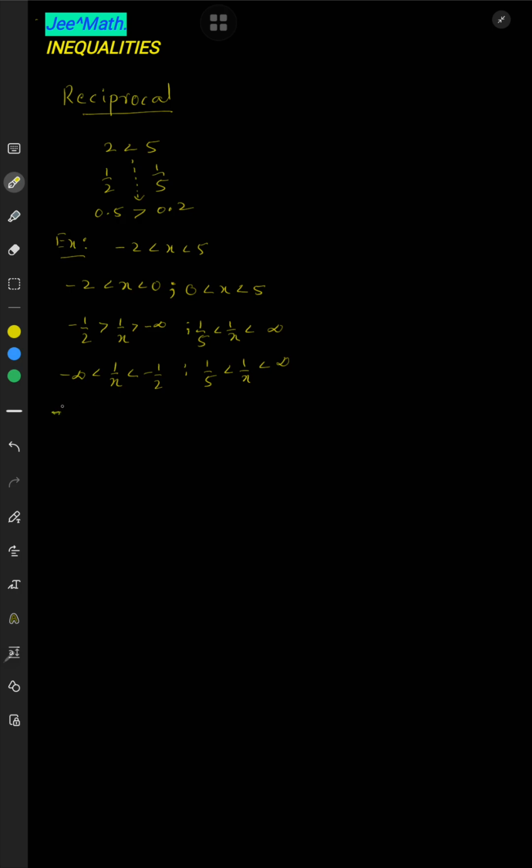Finally, if x lies in the interval -2 to 5, then 1 by x belongs to minus infinity to minus 1 by 2 union 1 by 5 to infinity. In that way we take reciprocals on both sides of an inequality.